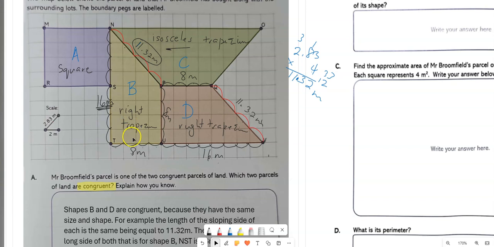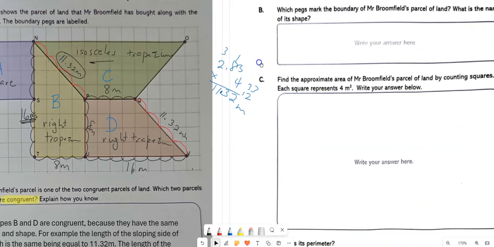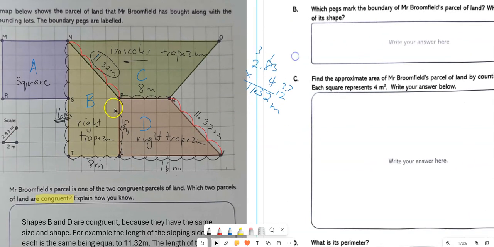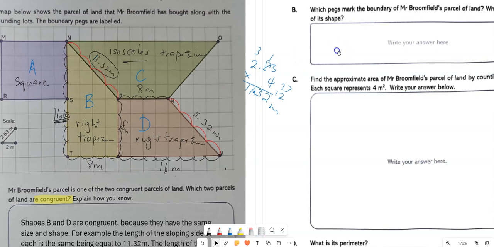So it's either going to be B or D. So let me see. If I chose B, then the boundary pegs are the little letters here that help us to identify the sides of the shape. Okay. All right. Boundary markers.